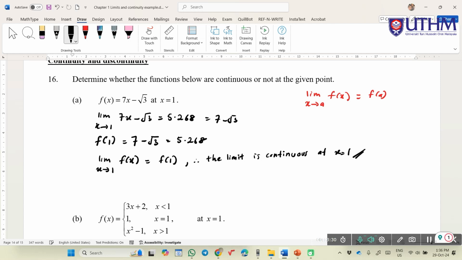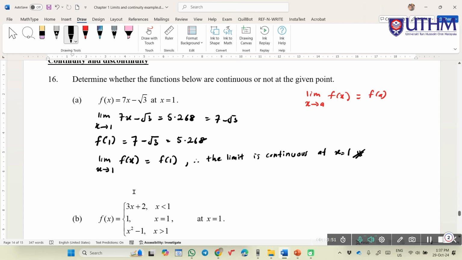We need to clarify the point where the function is continuous, because sometimes the function is continuous at, for example, x equal 1, but the function is not continuous at other points.